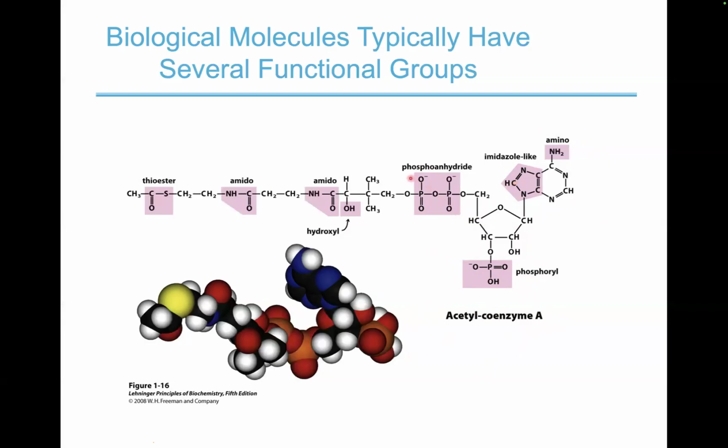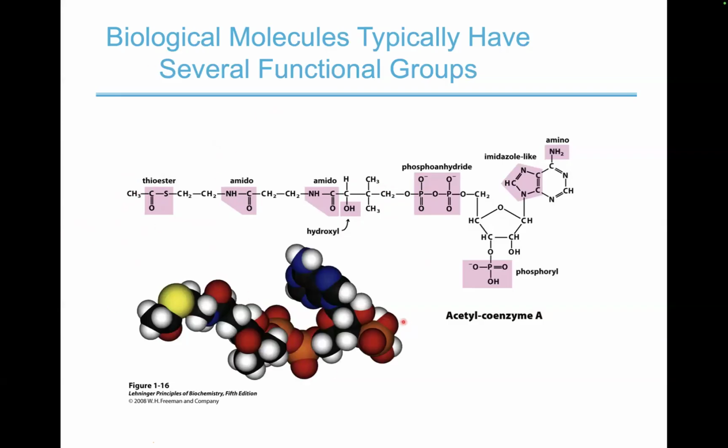And then attached to it, instead of that third phosphate group, there's this chain of other things, hydroxyl, this amino group, another amino group that ends in this thioester. And this thioester actually is the key to acetyl-CoA because it takes these acetyl groups and presents them to the citric acid cycle to break down and pull out the energy from it.